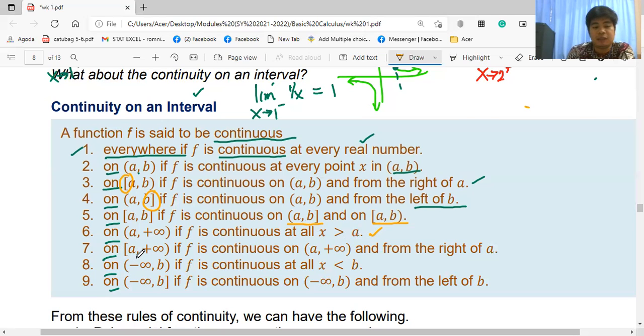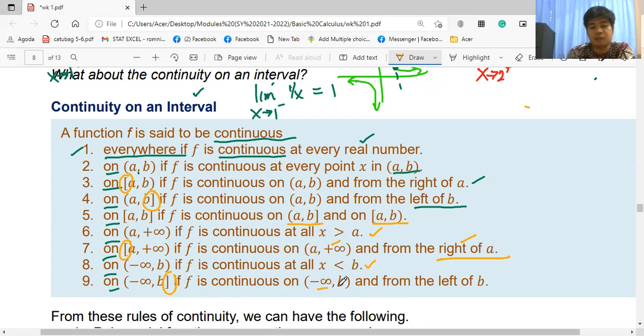And number 7, f is continuous on all numbers greater than or equal to A if we can prove that it is continuous on all numbers greater than A and from the right of A. You see, you can have the right of A again because we see the included symbol, half-closed. Number 8, we have here all numbers less than B. It is continuous there if you can prove that it is continuous on all numbers x less than B. And here again is the included symbol.